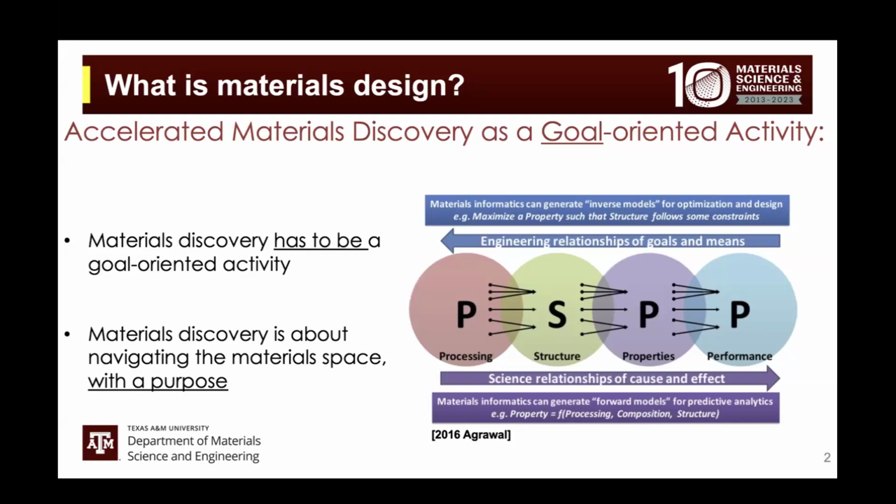This arrangement, which can be defined in terms of chemistry and different motifs at multiple scales, results in different sets of properties, and the collection of properties can be used to evaluate some type of performance that the material has to have in order to meet some specific technology requirements, right?